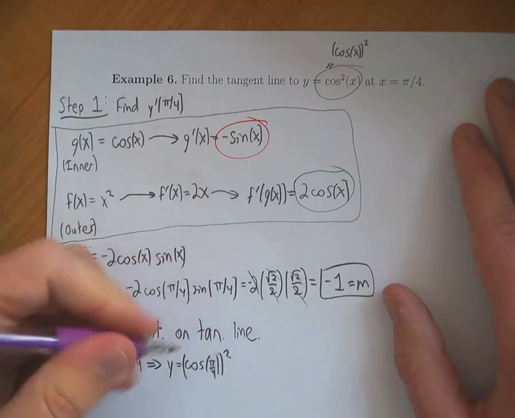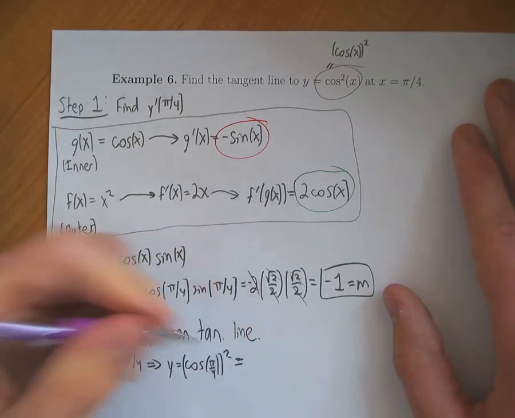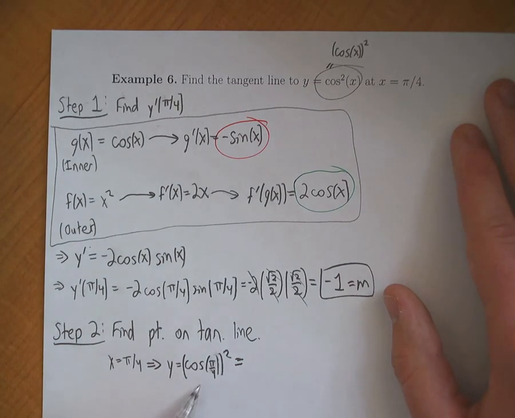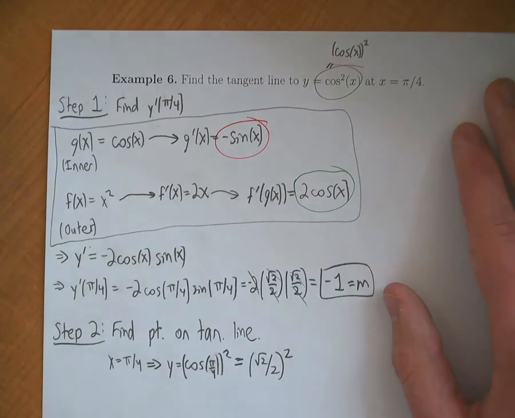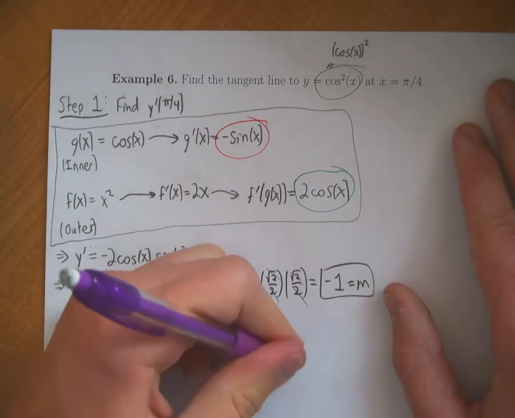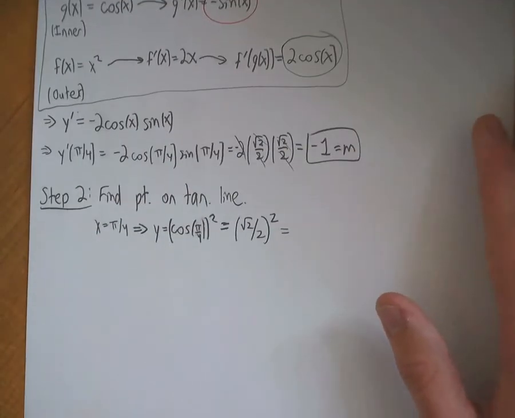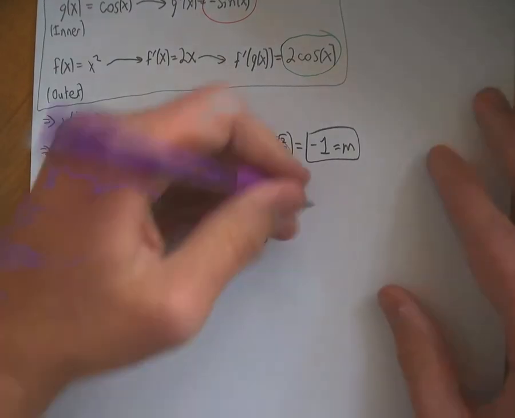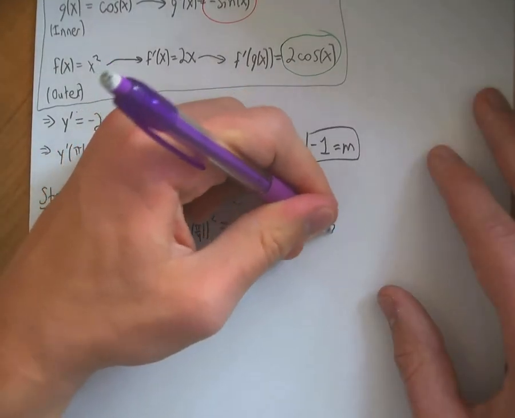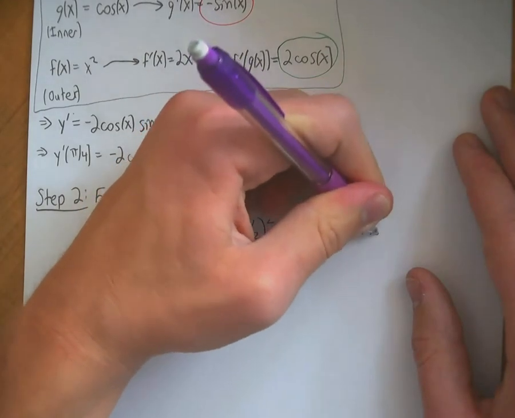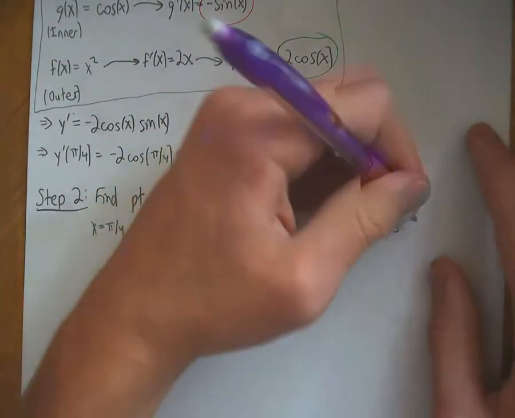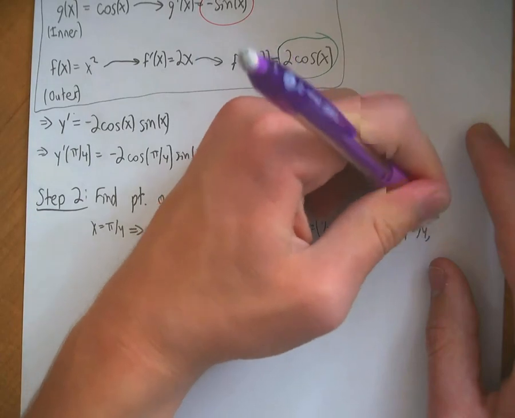As we already established, cosine of pi over 4 is root 2 over 2. So we have root 2 over 2 quantity squared, which simplifies pretty nicely to 1/2, because that's just 2 over 4, or 1/2. So the point is pi over 4, 1/2.